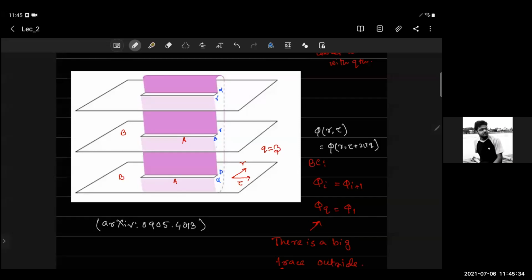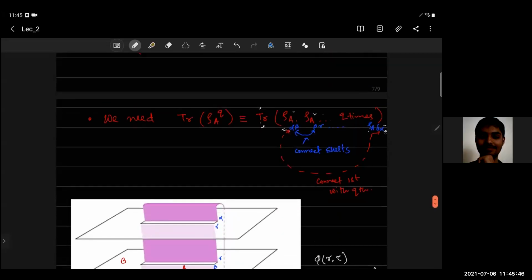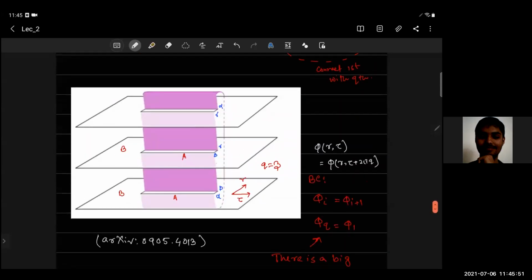The first one is connected with the second, the second with the third, but the third is again connected with the first because there is a big trace sitting outside. I got the trace part. I'm just asking that when I'm in my first sheet and I increase the value of tau by 2 pi, I will go to the second sheet. Correct. Okay, I see. Thank you.